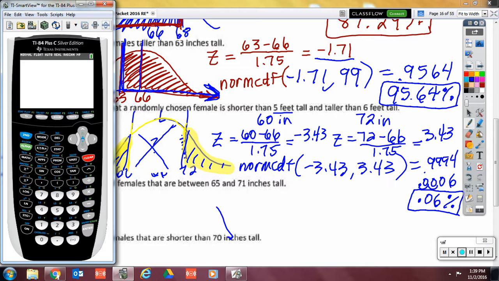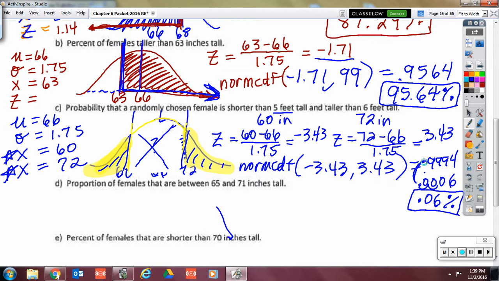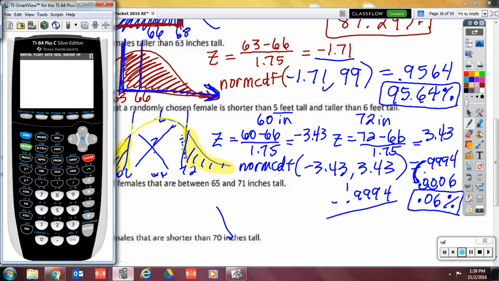Okay. So the way I went from 0.9994 to 0.0006 is I did 100%, which is 1, minus 0.9994. So if I do that on my calculator, 1 minus 0.9994, I get, oh, look at that. Is that how you get that?